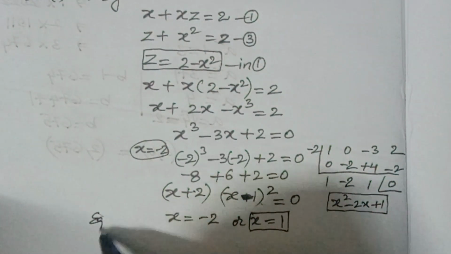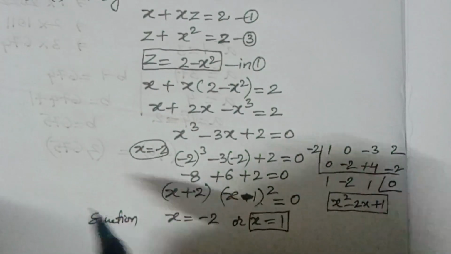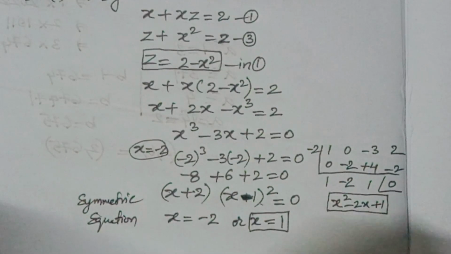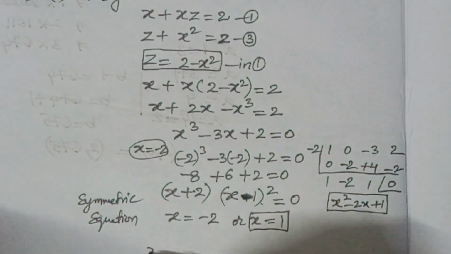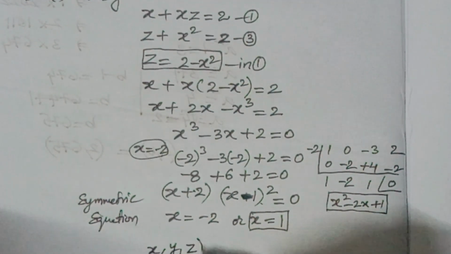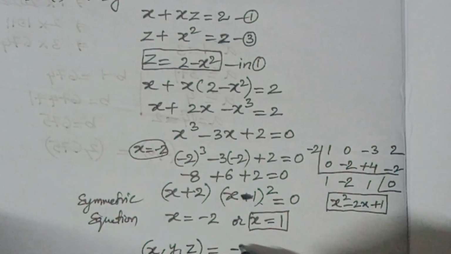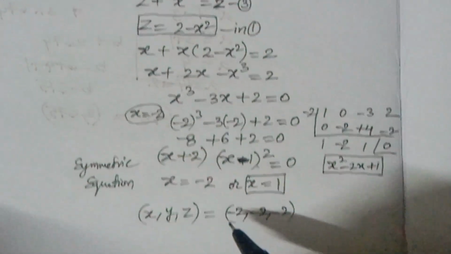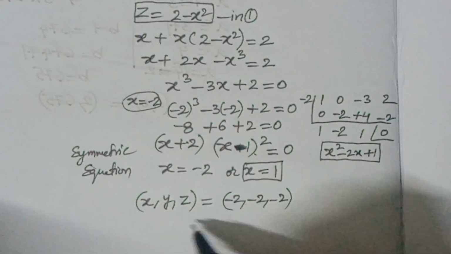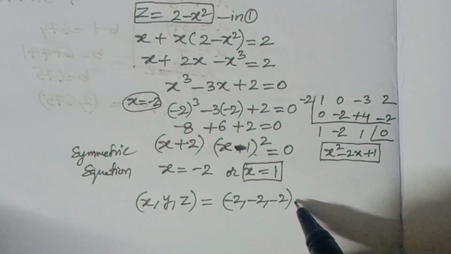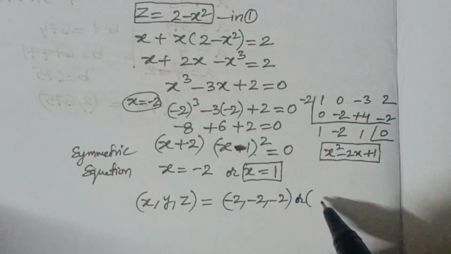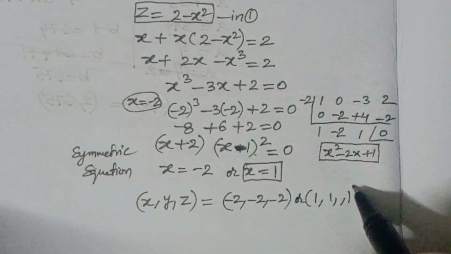This is a symmetric equation, all are in symmetric form. So x, y, z will be minus 2, minus 2, minus 2. So the possible solutions are x, y, z equal to minus 2, minus 2, minus 2 or 1, 1, 1.